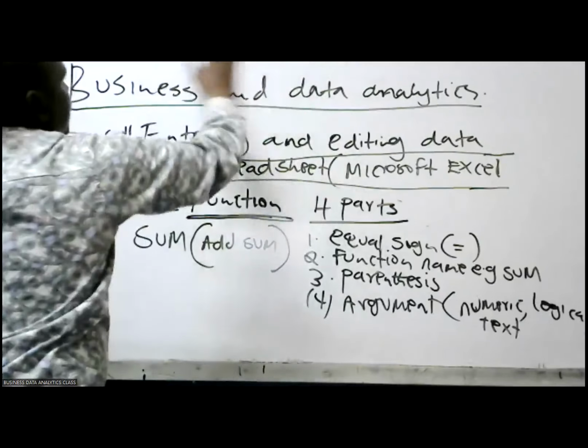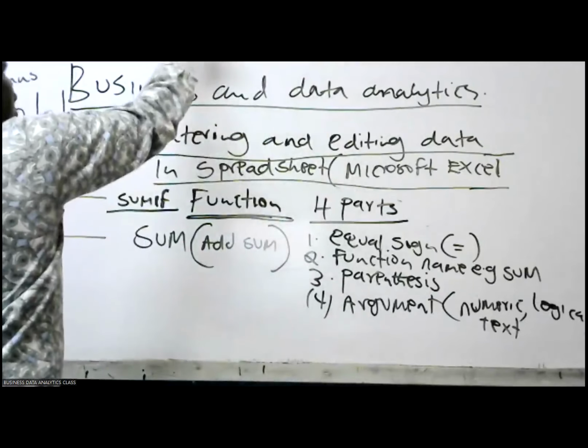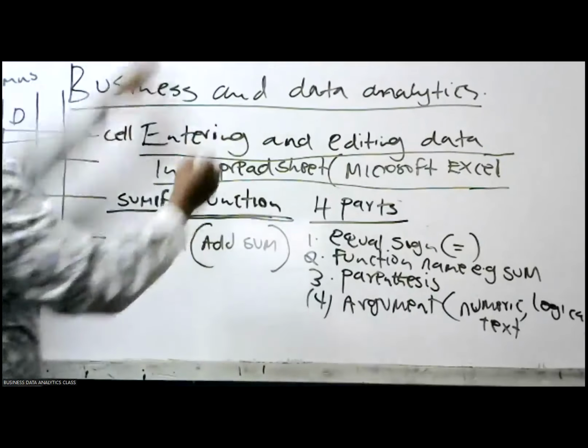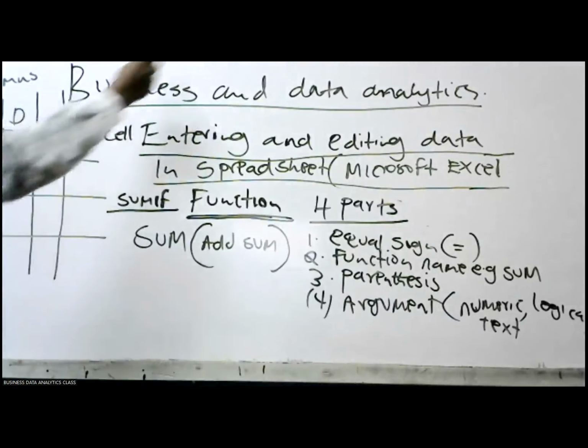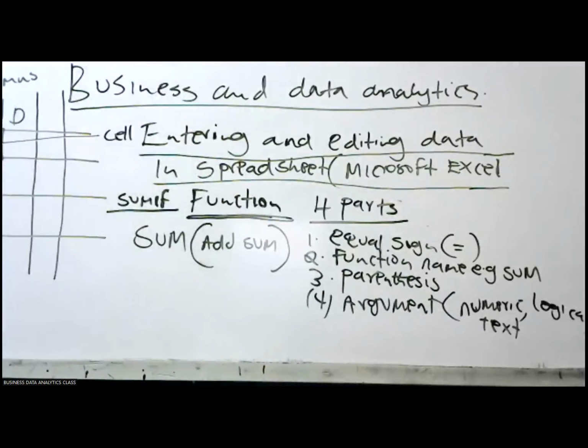Assuming this is the column of the marital status, in this column we have either married or single, and we have a larger data set of about 8,000 rows.